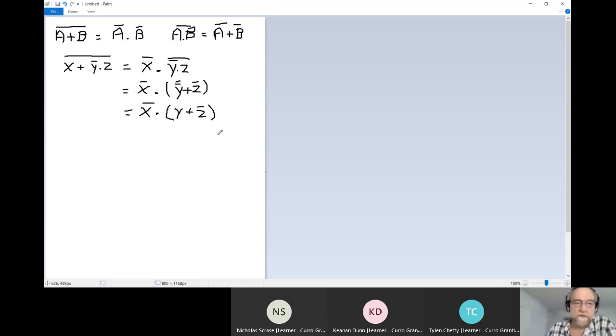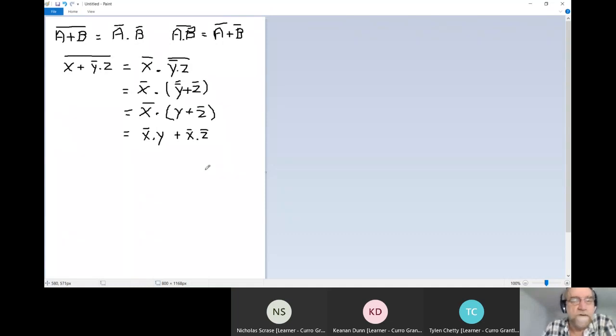I could leave it in this format here, or I could do this because I mentioned to you on the last live stream that Boolean algebra, just like normal algebra, also obeys the associative law and the distributive law and the commutative law. So if I wanted to, I could rewrite this as x bar and y, or I'm just multiplying out the brackets here, or x bar and z bar.